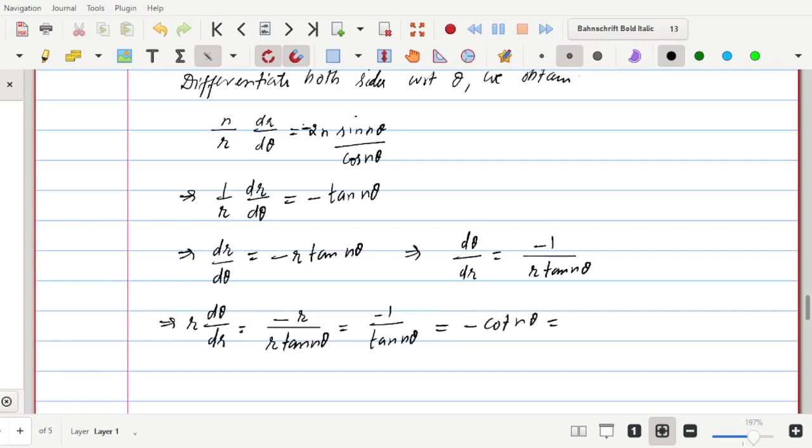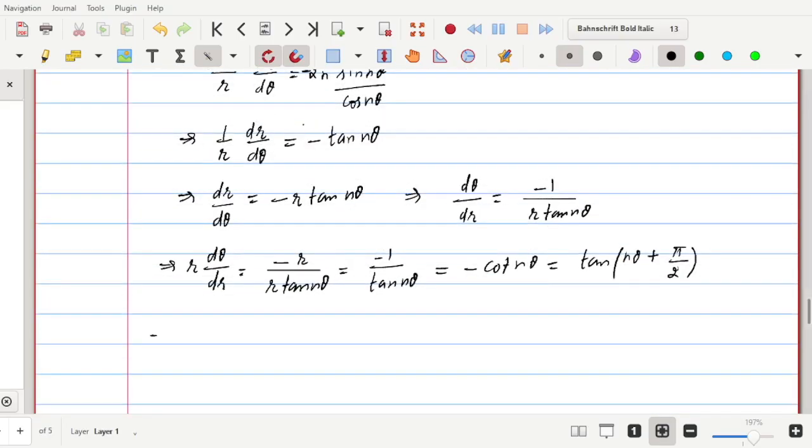But we know that minus cot n theta is equal to tan of n theta plus pi by 2, or we can also write tan of n theta minus pi by 2. So this implies tan phi 2, which we define as r d theta by dr for the second curve, is now computed to be equal to tan of n theta plus pi by 2.